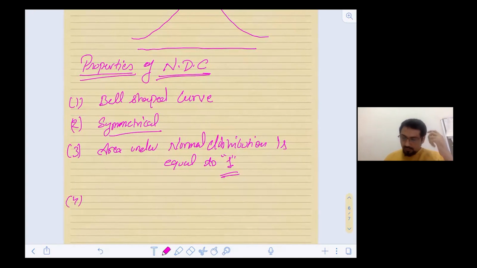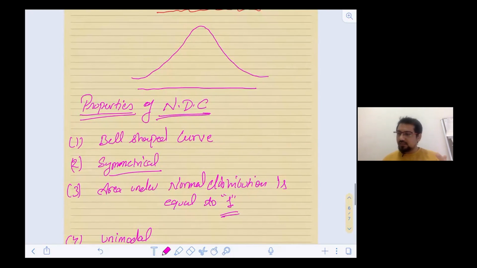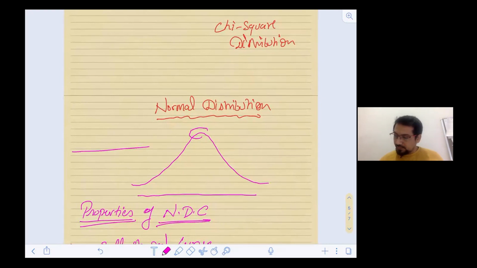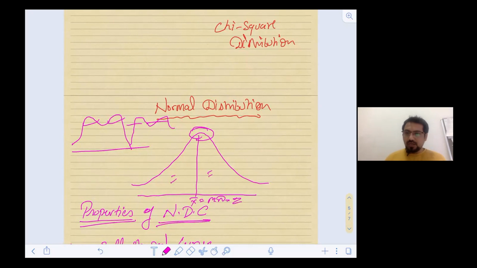Now, the next important one is that it is called unimodal. It is not like this, for example. That is called bimodal, or if it is like this, it's called multimodal. But it has only 1 mode. Because here our mean is equal to median is equal to mode, it is divided into equal parts, and that's why it is called unimodal, right?